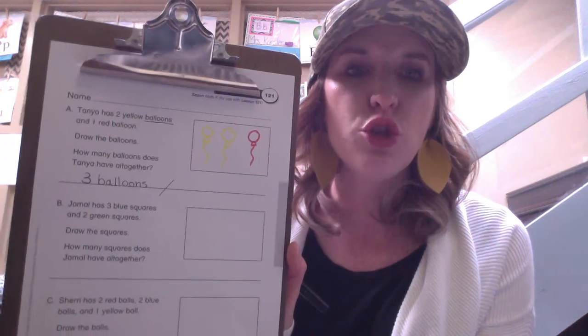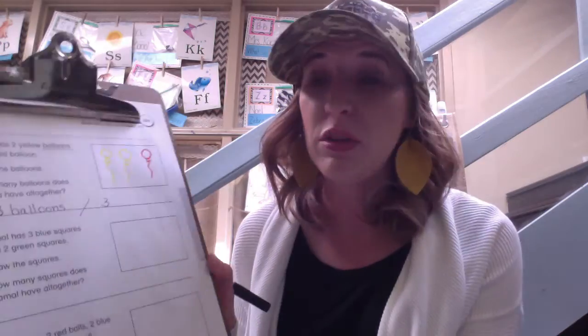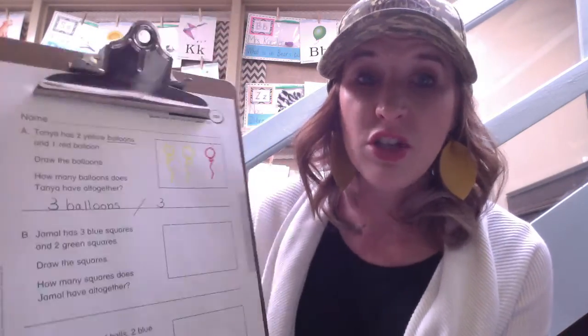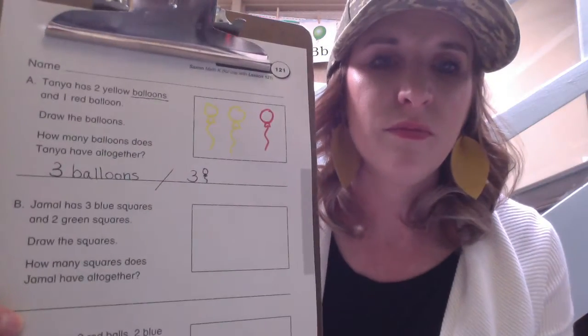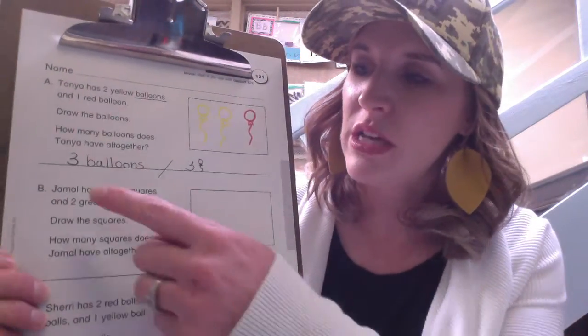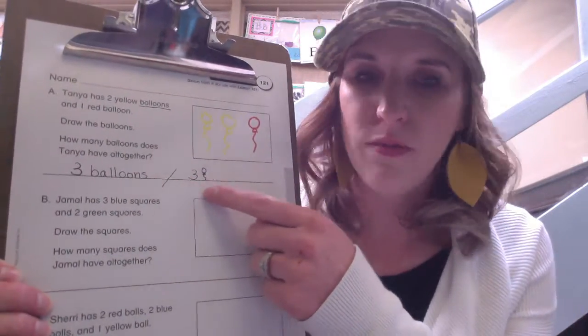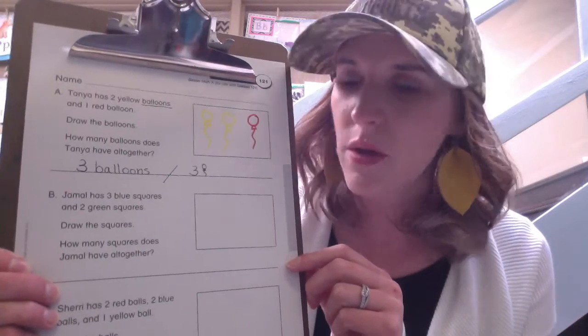You just choose one way, but I'm going to show you another way. So you start by writing 3 again. And instead of writing the word balloon, you could draw a symbol of a balloon, similar to what we just did there, right? So I could go like this, 3 balloons. Like that. So you can either write it like this or you can write it like that. I'll let you choose, okay?